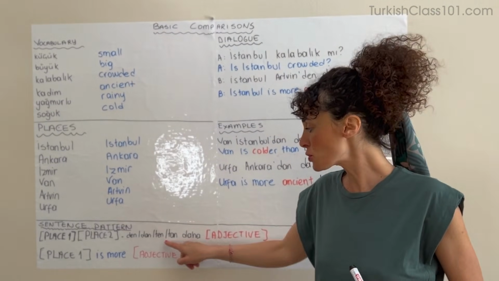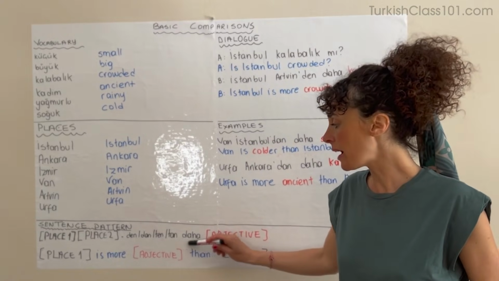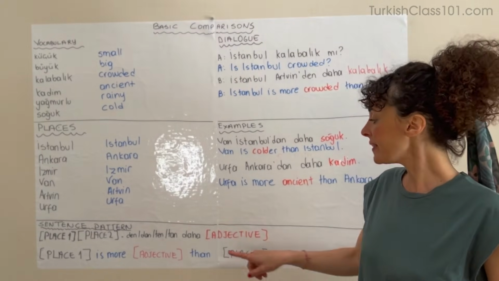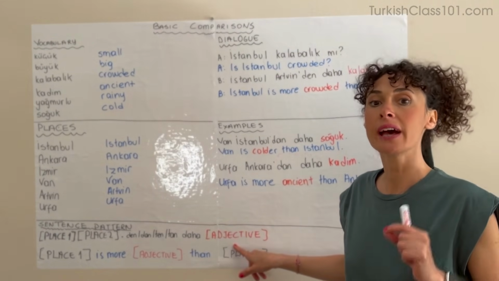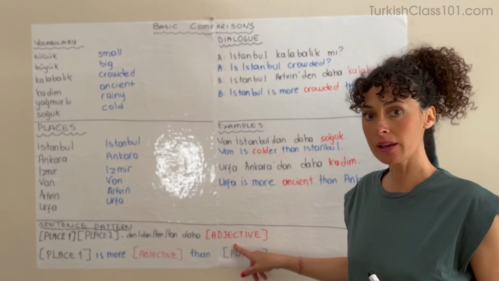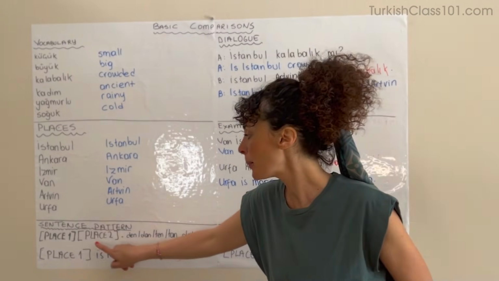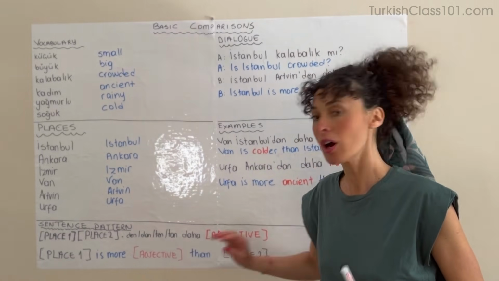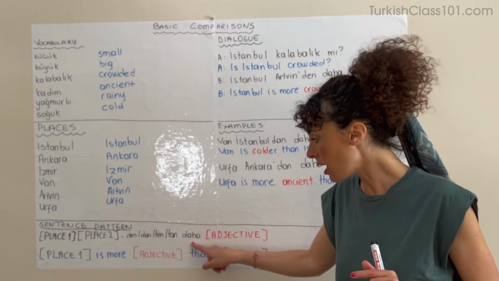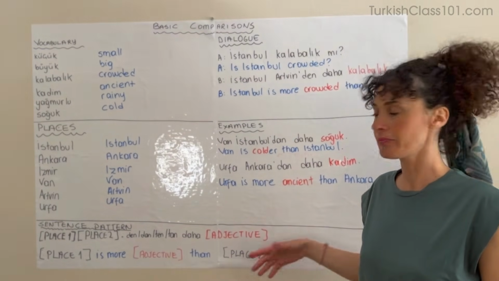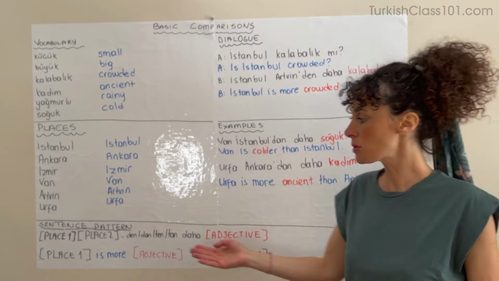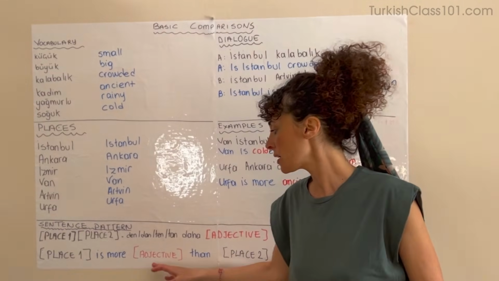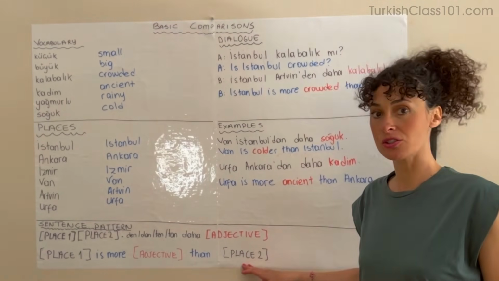After you choose one, you will use daha, and then you will put the adjective there. Place 1, place 2, then dan, den, tan, ten, daha, an adjective. And you already know the English: place 1 is more adjective than place 2.